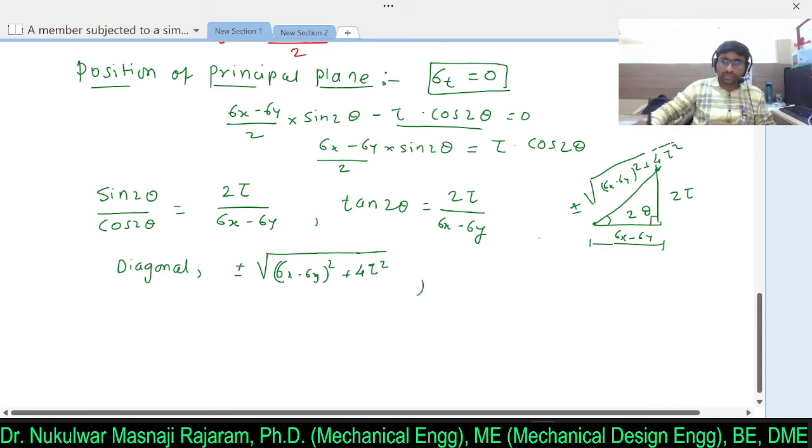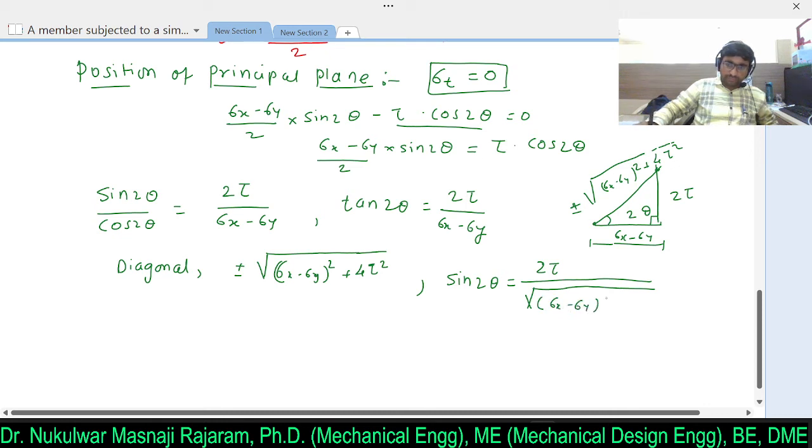So from this diagram I can write sin of 2 theta, that will be equal to the opposite side, that is 2 tau, divided by the hypotenuse or diagonal, which is under root of (sigma x minus sigma y) whole square plus 4 tau square.